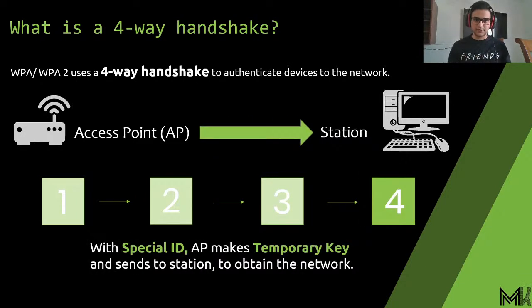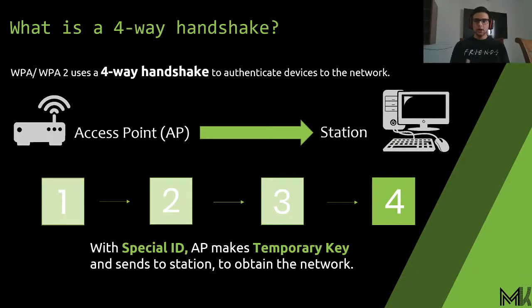This is the final step: with this ID that the station provided, the access point creates a temporary key. It's called a transient key, which it reveals to the station so that the station can actually connect to that network.